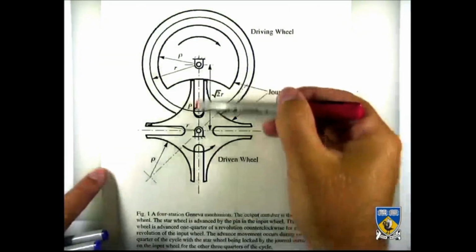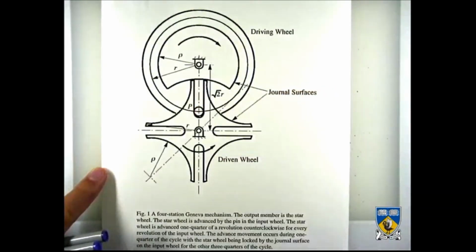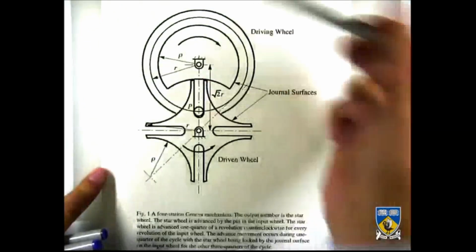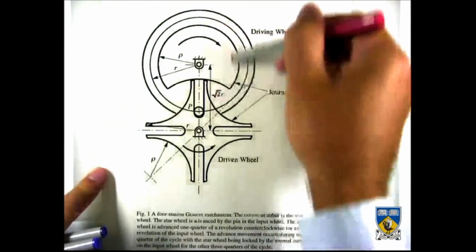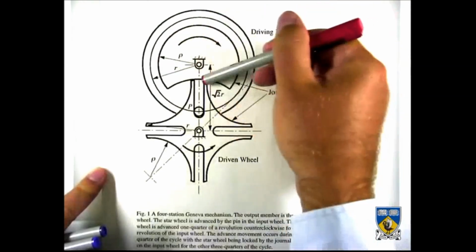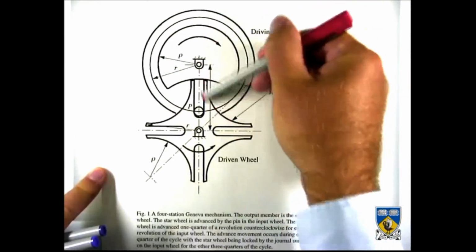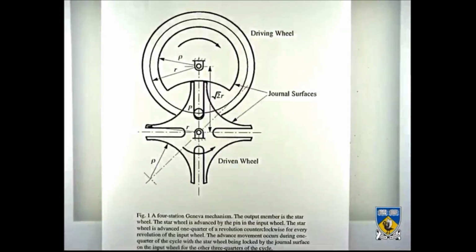If the pin is not engaged in the slot, we have something which we call a journal bearing. This surface must match this surface, and these are journal surfaces, and the mechanism behaves as a journal bearing. So the driving wheel still can be moving, but the driven wheel is not.